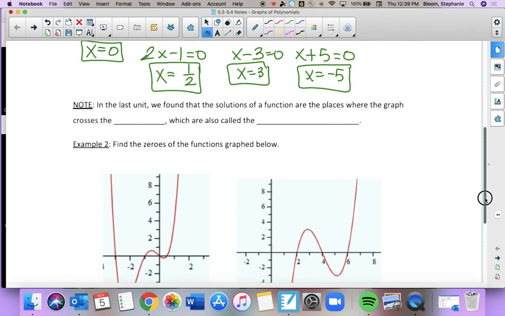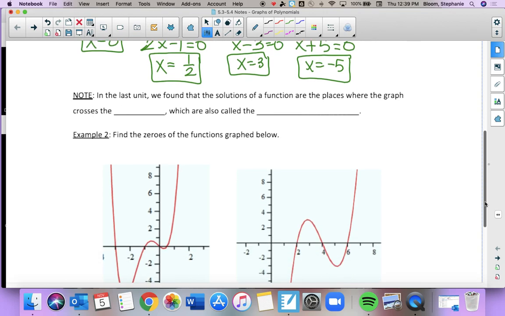Again, in the last unit, we found that the solutions of a function are the places where the graph crosses the x-axis. What's another name for those? Zeros, roots, what else? Think way back. Solutions crossing the x-axis is x-intercepts. They're also called x-intercepts.